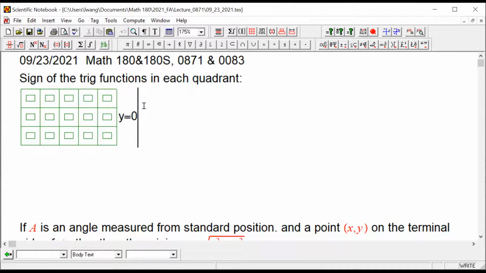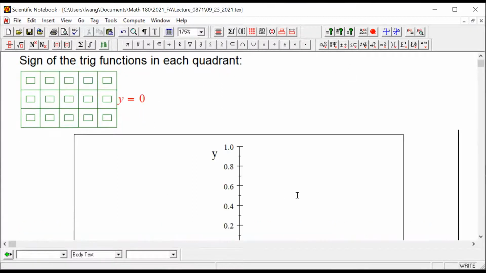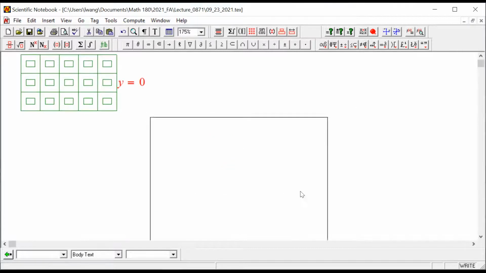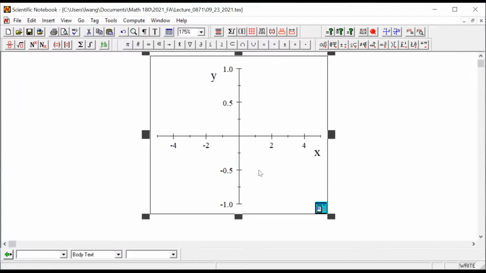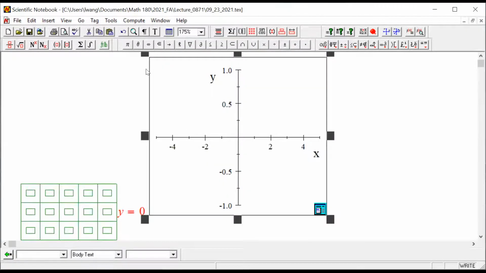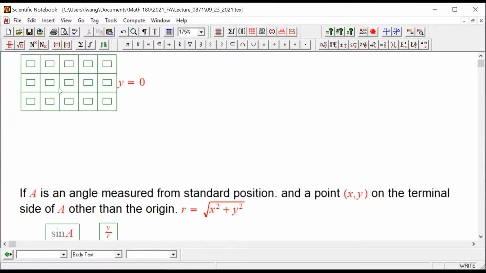From this point, you never have to memorize the signs of sine, cosine, tangent, and cotangent. I promise you. That is the purpose.